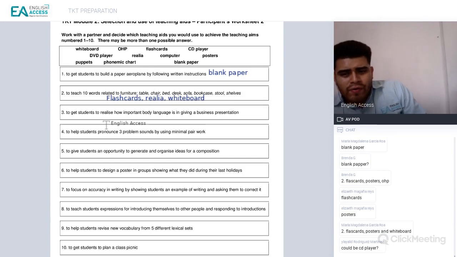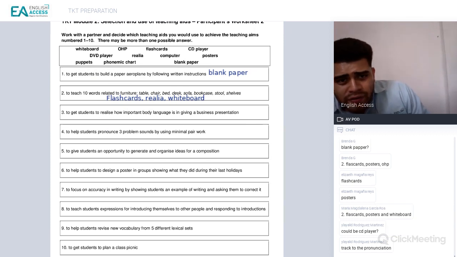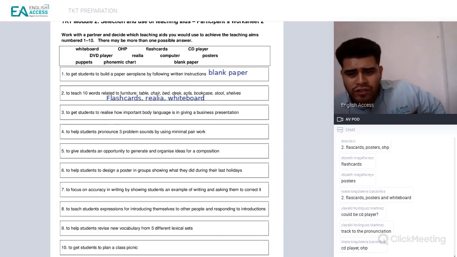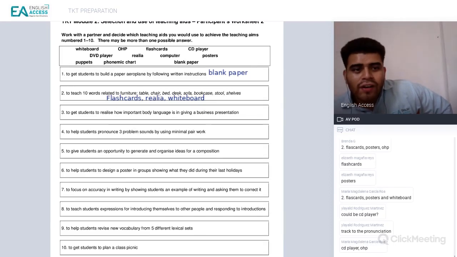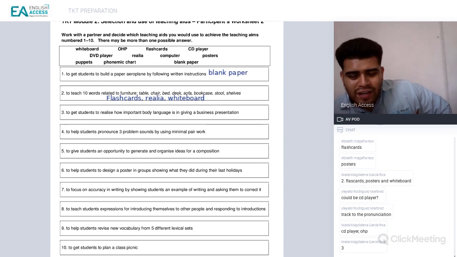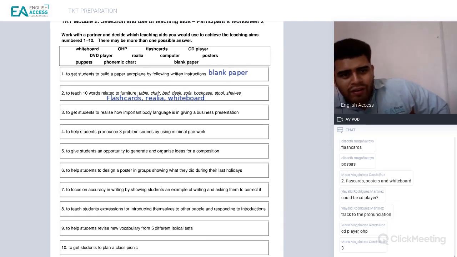All right. Number 3, CD player to teach the furniture. Ila? Oh, I see. You're talking about the pronunciation. Okay, okay.